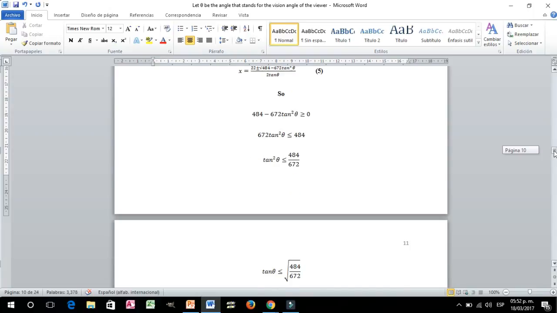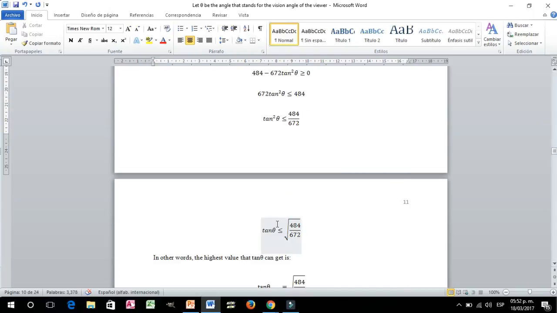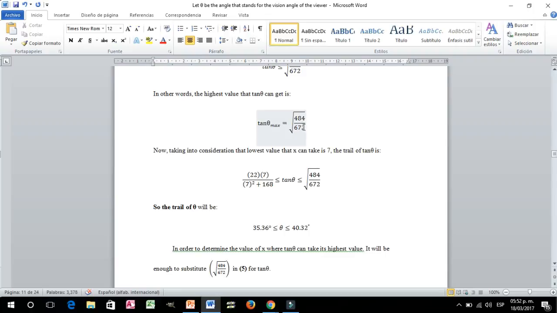And after we clear tangent of theta, we obtain that tangent of theta has to be equal to or smaller than the square root of 484 over 672. In other words, the highest value that tangent of theta can get is, well, surprise, the square root of 484 over 672.